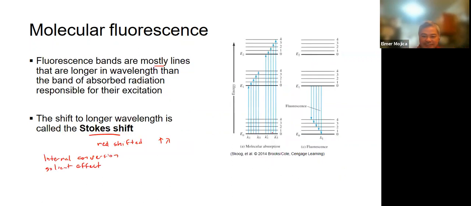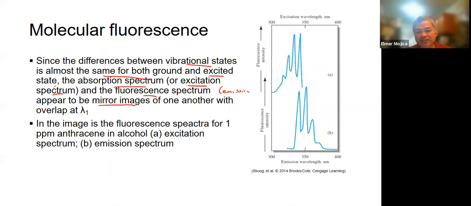parang ito yung nangyari dyan eh. So ito yung 1, okay, ito yung 1, ito yung 2, ito yung 2, ito yung 3, ito yung 3, ito yung 4, and this is 4, and that is 5, and that is 5. Okay? So if you're going to look at this, the so-called mirror image, this is your excitation spectrum, and this is your emission spectrum.